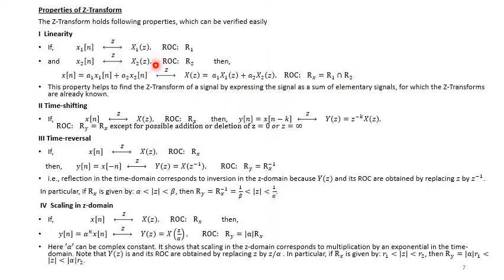Like here, x1 of n has a Z transform x1 of z and it has the ROC equal to R1, and this one has R2. So the overall ROC of x of n, which is composed of the scaled version of x1 of n plus the scaled version of x2 of n, will be the intersection of the individual ROCs.